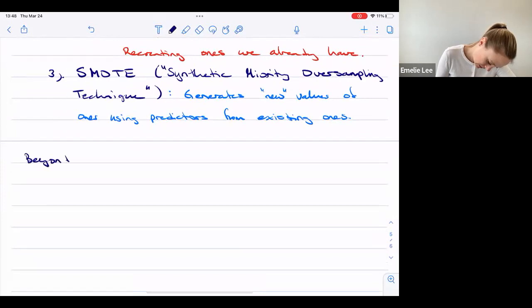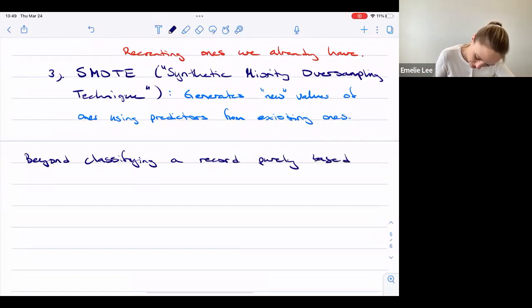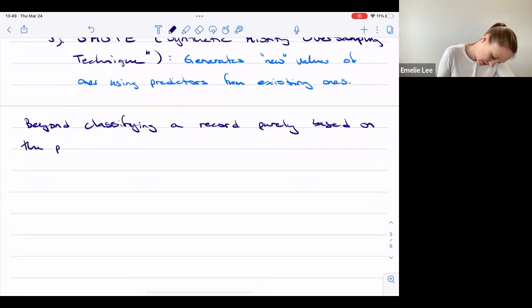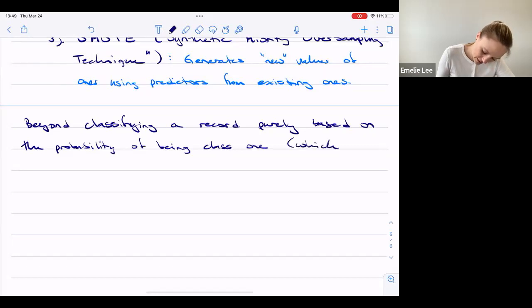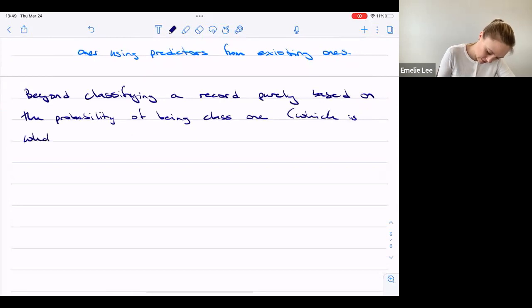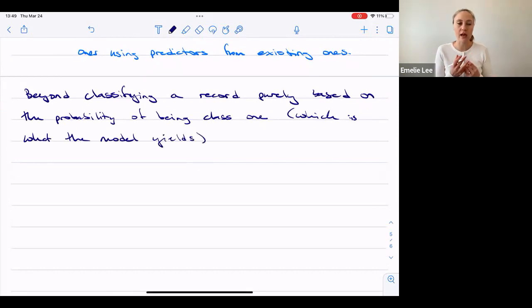Beyond classifying a record purely based on the probability of being in class 1, which is what the model yields, we also need to consider the expected return.